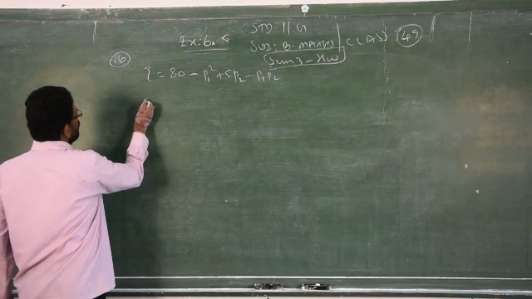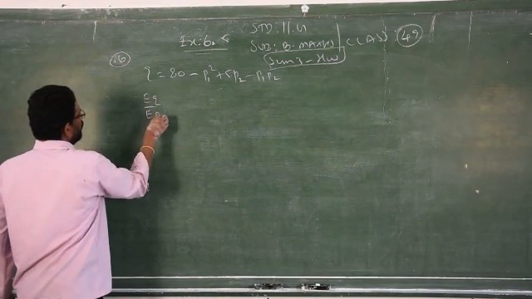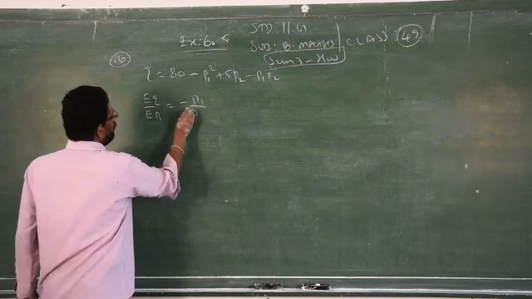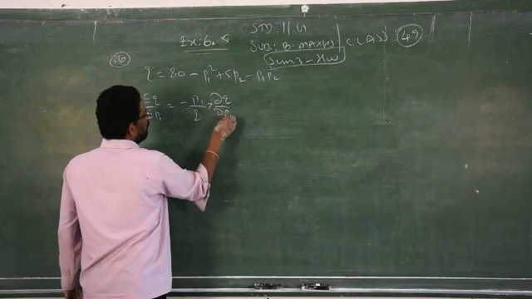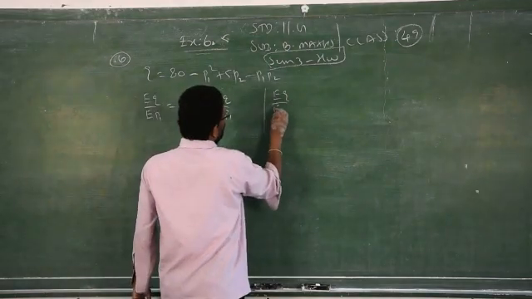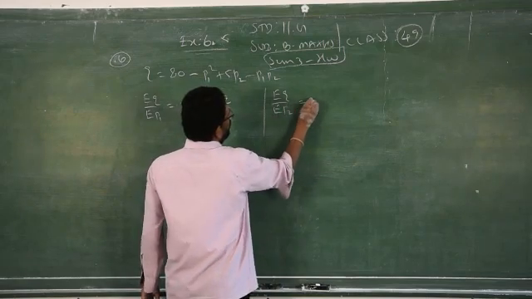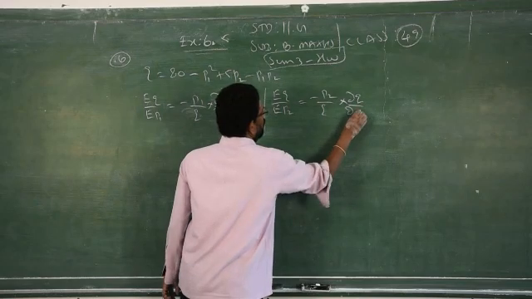So the formula, first you have to write down: EQ by EP1 is minus P1 by Q into dou Q by dou P1. So what is the next formula? EQ by EP2 is minus P2 by Q into dou Q by dou P2.